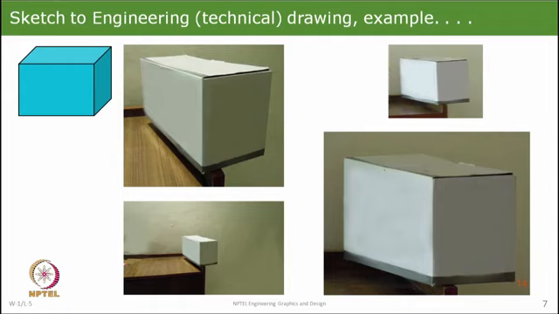Now, what happens when you take a sketch and you want to make a technical drawing of it? And this is something you can do. Let us take the case of a rectangular box.